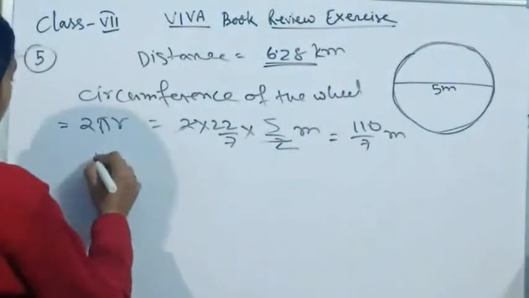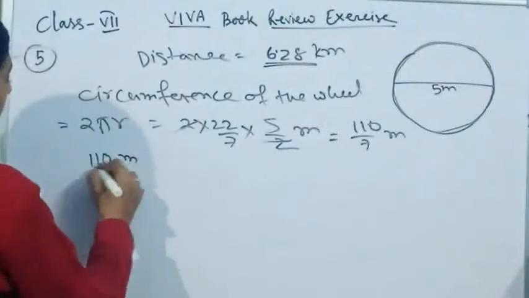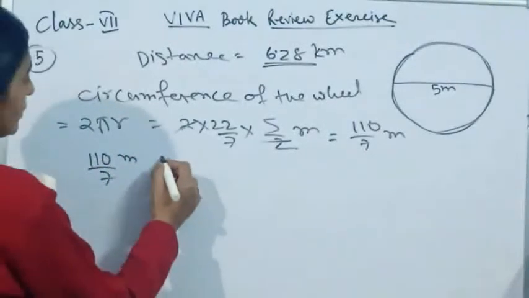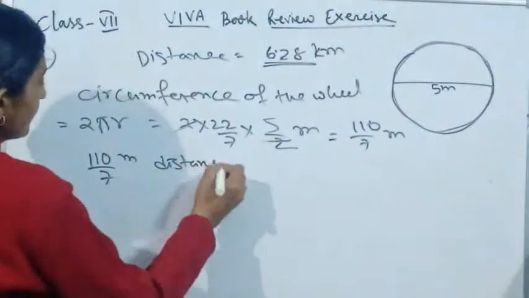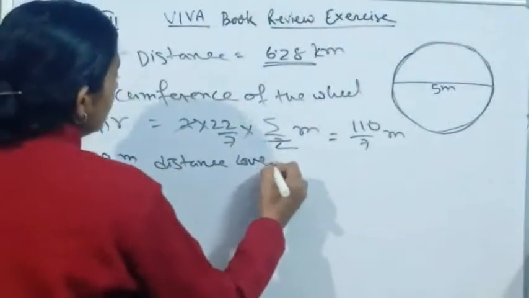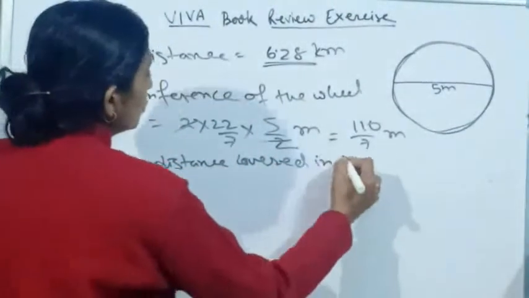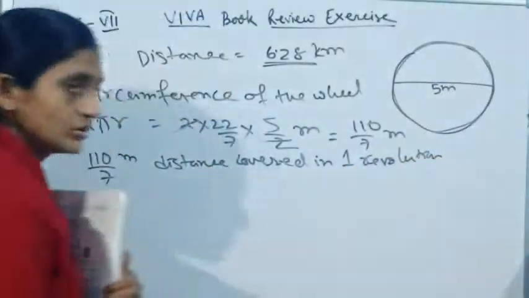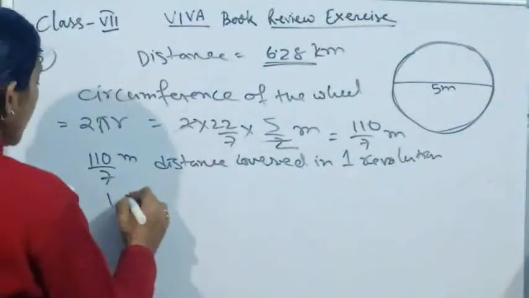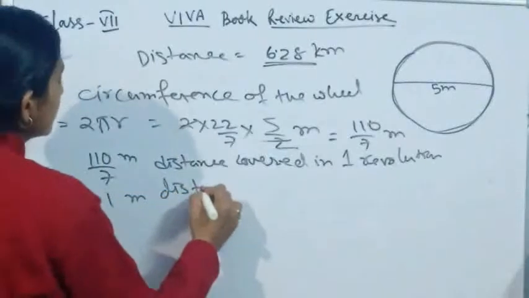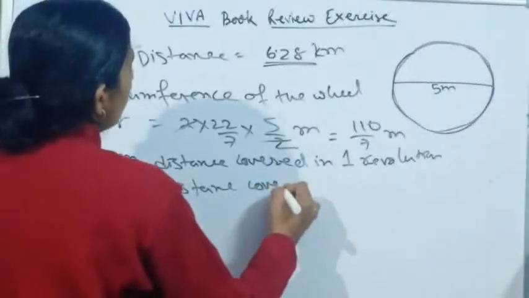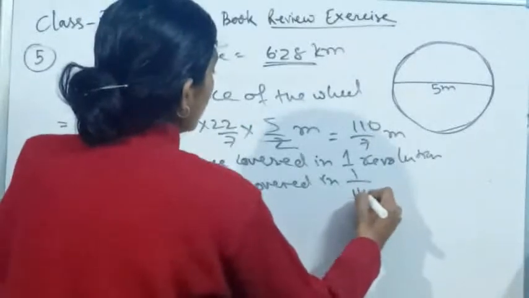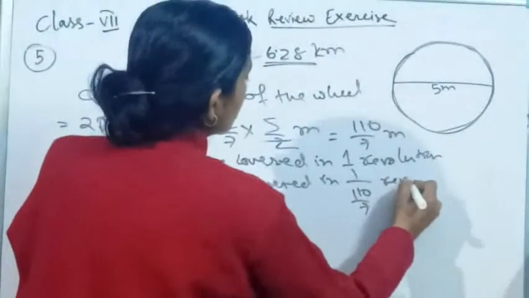Here I can write 110 by 7 meter distance is covered in one revolution. So 1 meter distance will be covered in how many revolutions? Definitely 1 by 110 by 7 revolution.